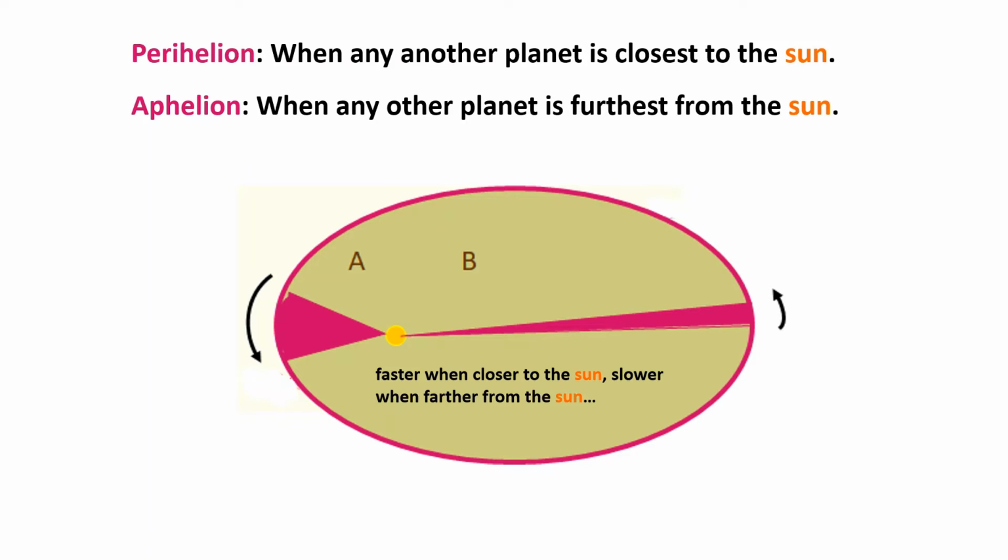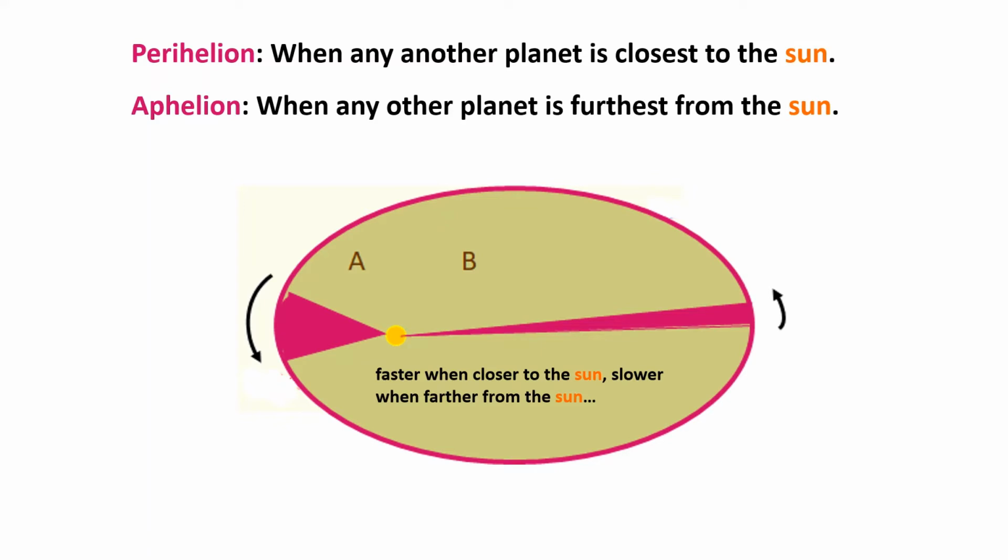If you look at the diagram, can you see the time it takes to go a short distance? If you look at A, the planet goes around the star very quickly because it's closest to the star. If it's far away from the star, it takes longer to go around the ellipse.